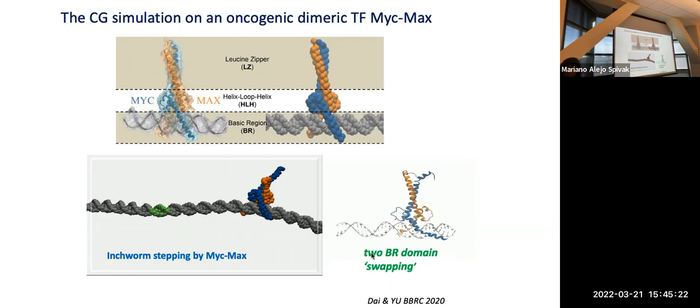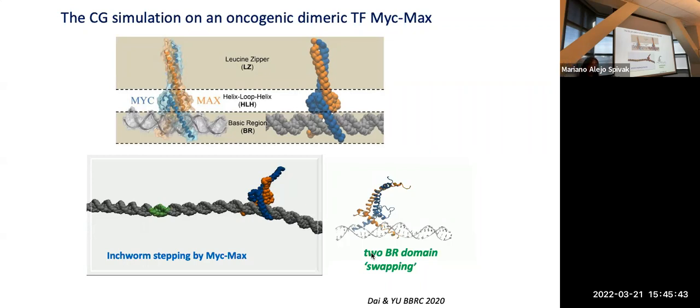We can also reverse the coarse-grained to atomic. This is not very refined, but you see some kind of events we can detect from coarse-grained simulation. This is an advantage, although it may not necessarily be accurate.